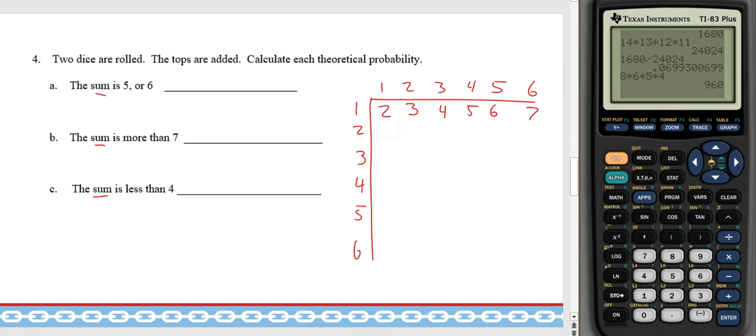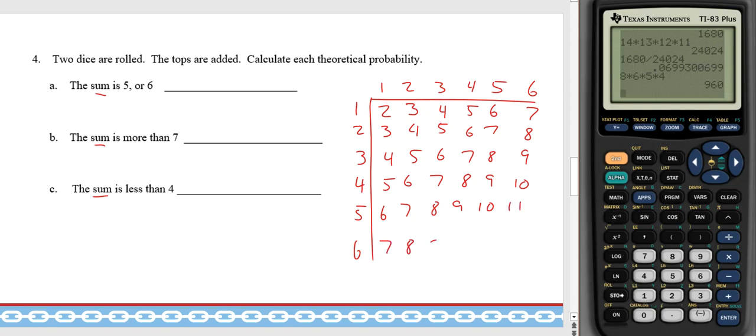Second row will be a 2 and a 1, a 2 and a 2, a 2 and a 3. Last row. So probably need to box some things out here to make this practical in seeing our outcomes.